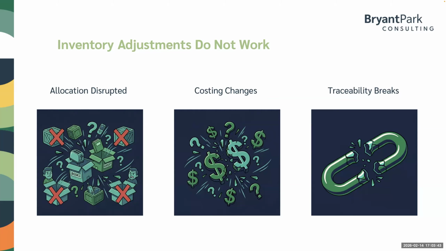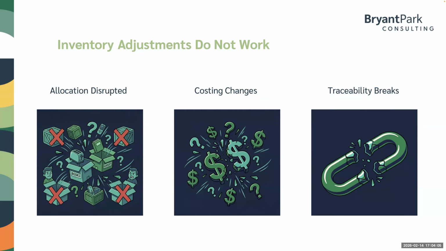This is not good practice for three main reasons, and Bryant Park would generally always advise against using adjustments for this purpose. So the first problem is by adjusting that inventory out and then back in, you are affecting the way that inventory is allocated to orders, which can create real customer-facing problems.